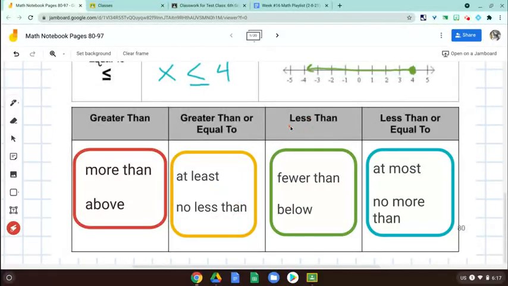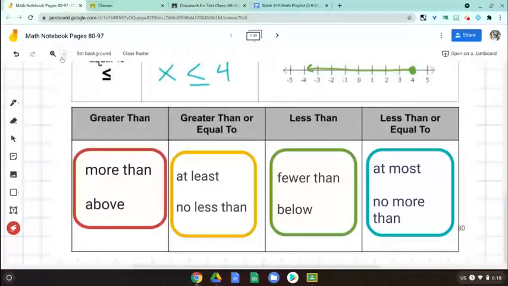Problems that involve less than, you'll see words like fewer than or below. And then finally, when you're reading word problems that talk about less than or equal to, you'll see words like at most or no more than. So definitely write these down and take good notes for this. This will definitely come in handy as we go forward the next few weeks and beyond.